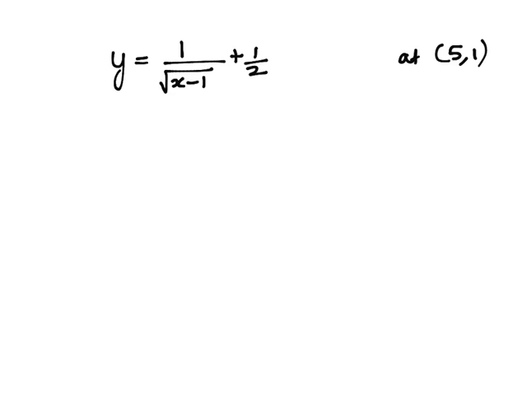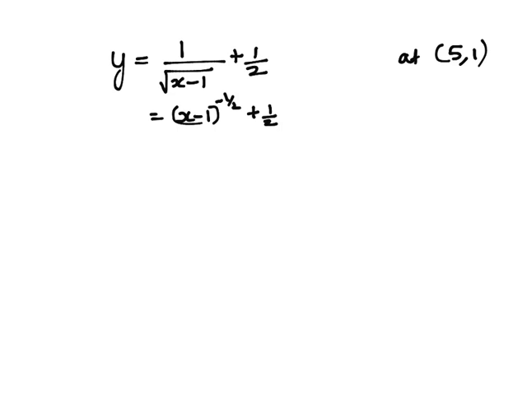I need to find the equation of normal to this curve at the point 5, 1. Now I can write this as 1 by root of x minus 1 can be written as x minus 1 power raised to minus 1 by 2. So y equals x minus 1 raised to minus half plus half.